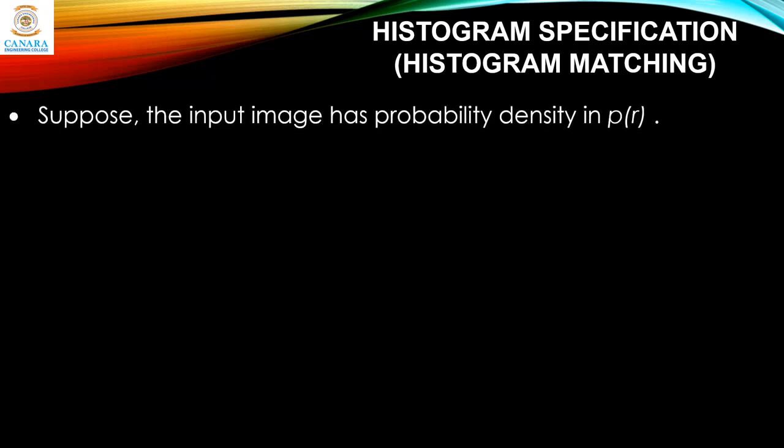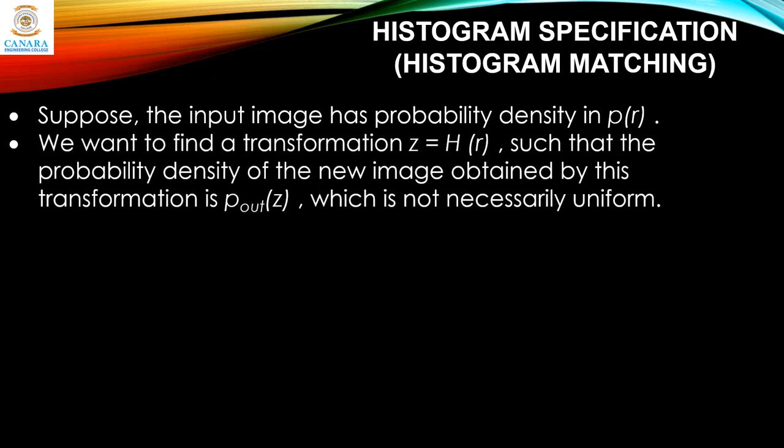Suppose the input image has probability density P of R. We want to find a transformation Z equal to H of R such that the probability density of the new image obtained by this transformation is P out of Z, which is not necessarily uniform.